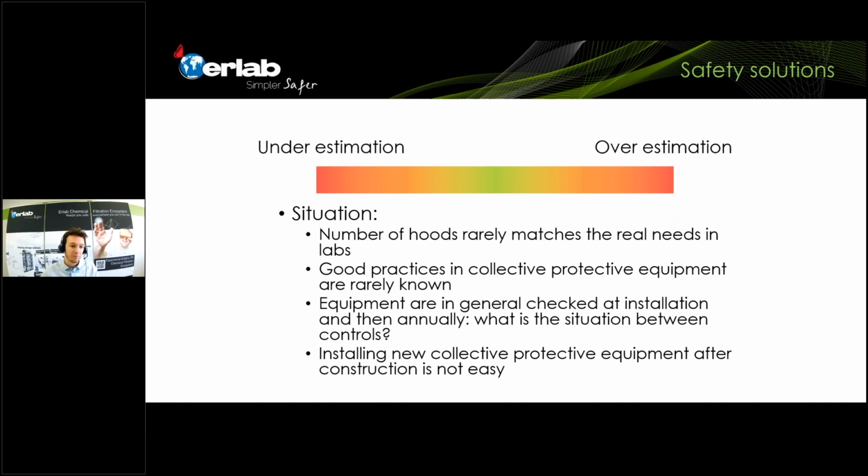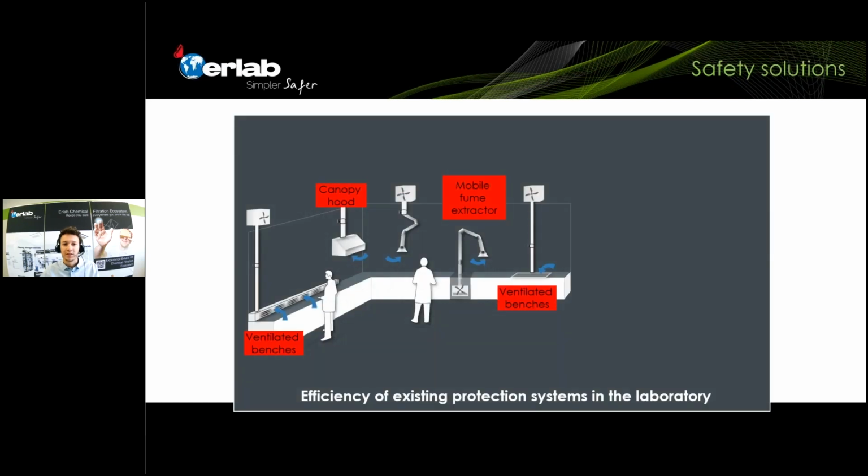this webinar as well. To give you an example, this is a lab in which you have different types of equipment. You have a canopy hood, you have a mobile fume extractor, you have ventilated benches, ventilated enclosures. But is there really an enclosure? Is there really a containment for the people who work in the lab with the chemical products?